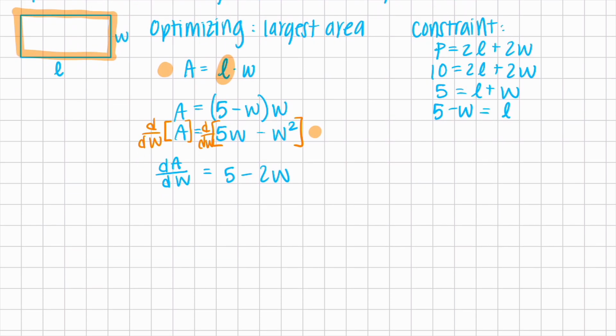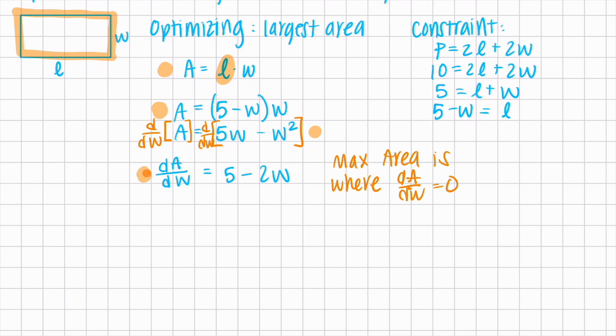Okay, so now that we've done that, we know we have a derivative equation. We know that the max area is where dA/dW equals 0, because we have our area equation with respect to width, and we have the derivative of that.